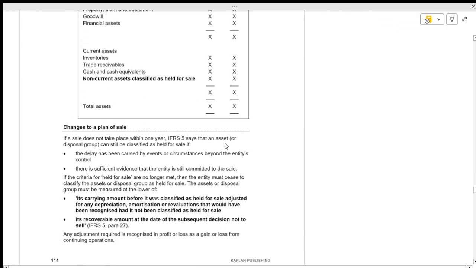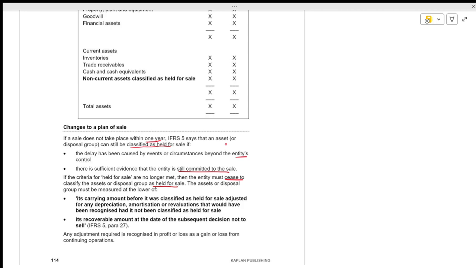Change to a plan for sale. If the sale does not take place within 1 year, IFRS says that the asset can still be classified as held for sale. The delay can be caused by different situations beyond the entity's control. There is sufficient evidence that the entity is still committed to a sale. If the criteria for held for sale are no longer met, the entity must cease to classify the assets or disposal group as held for sale.